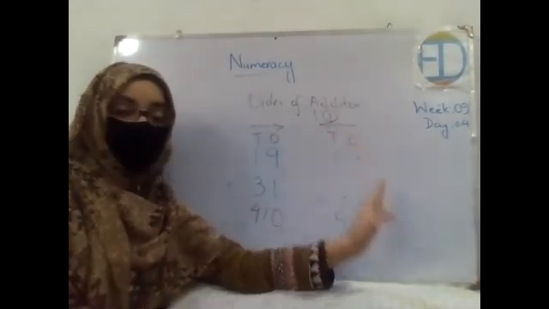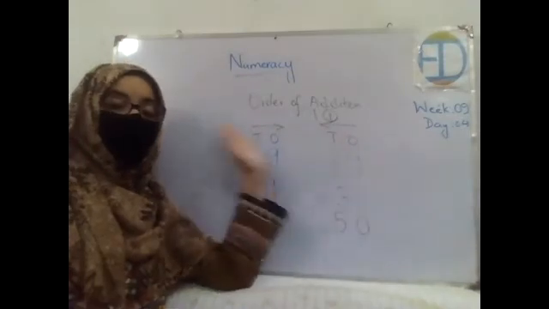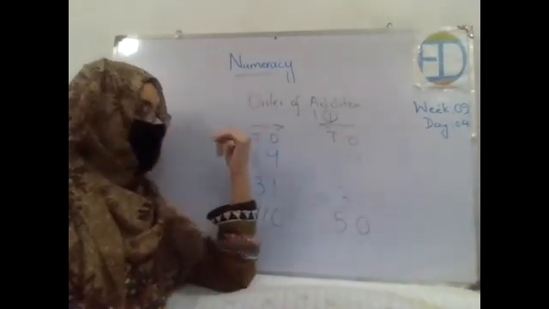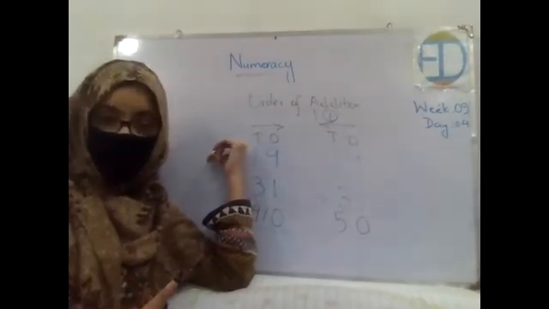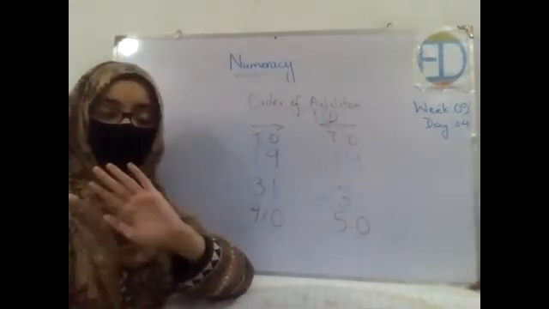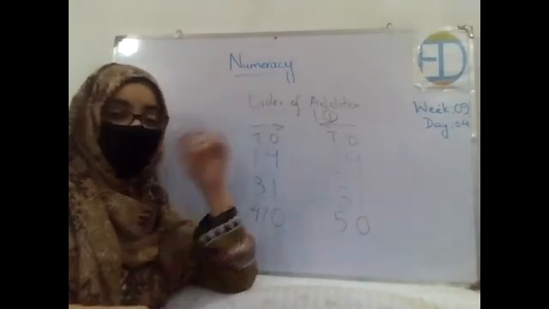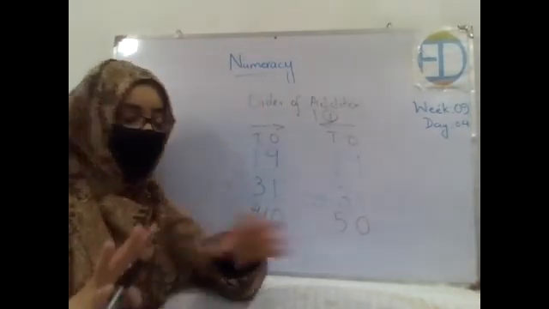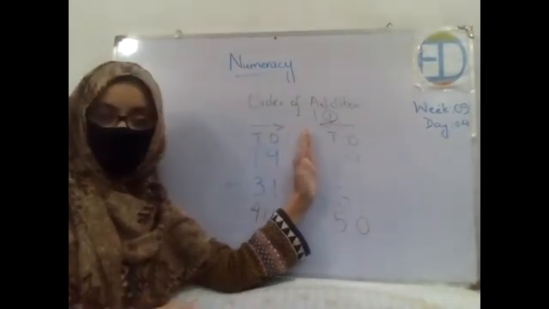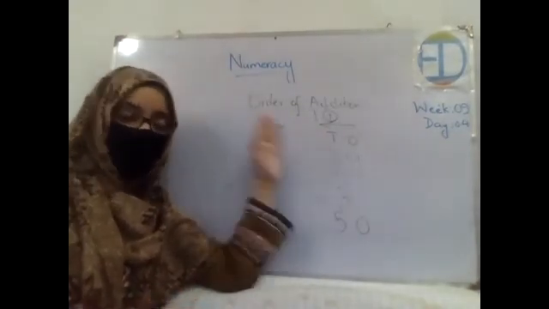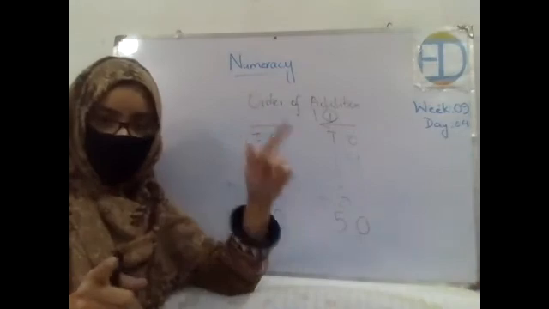You will first solve the ones column, then tens, and then move forward, but never start from this side, even if it is with or without carrying over, right? I'll not be giving you any such questions that start solving from this side. I'll not write this compulsion, right? So because you don't have any compulsion, always follow this method only, that start from ones column and move toward the other one. Got it?